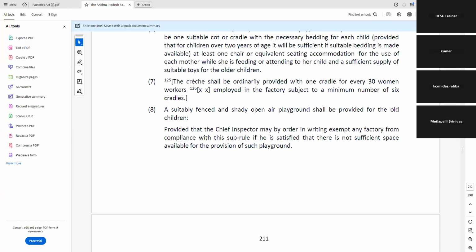Okay. And also a suitably fenced and shady open playground shall be provided for the older children.